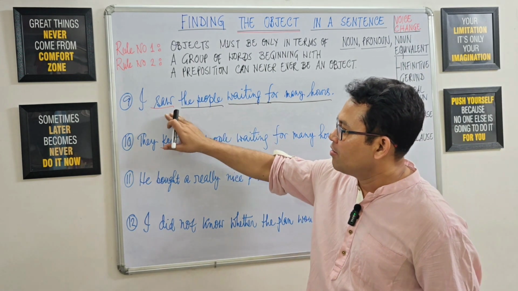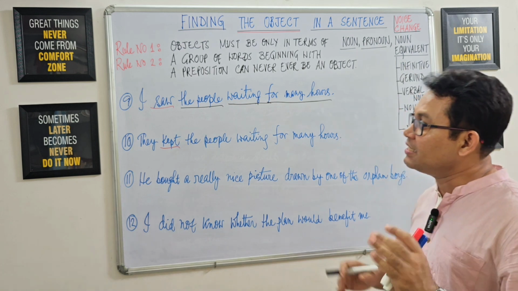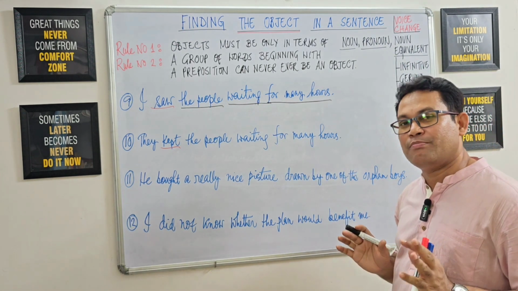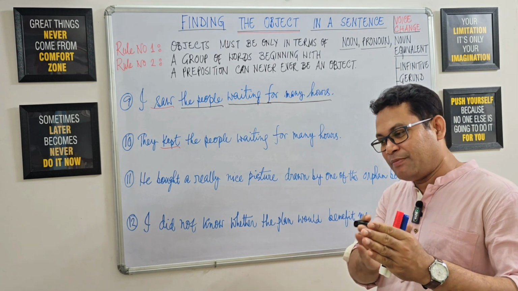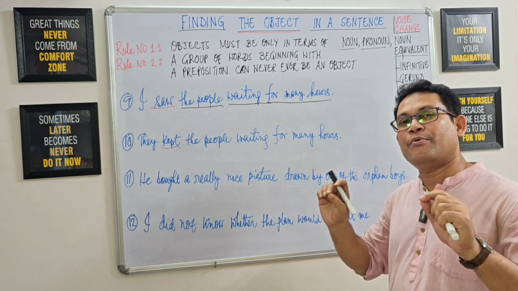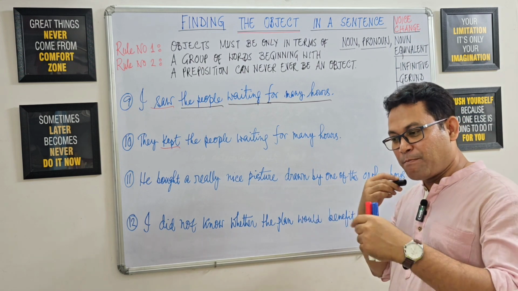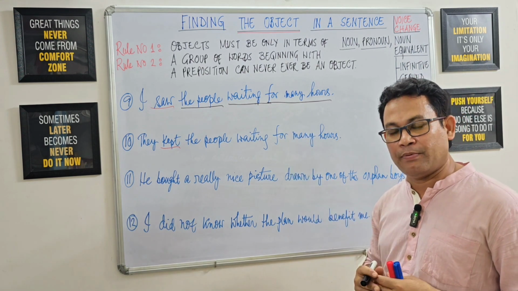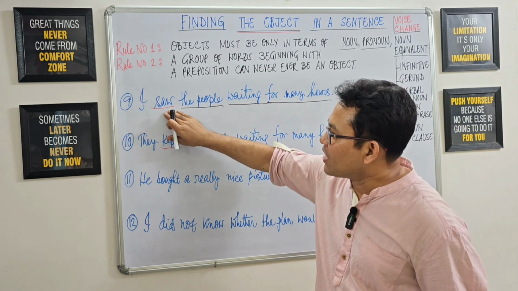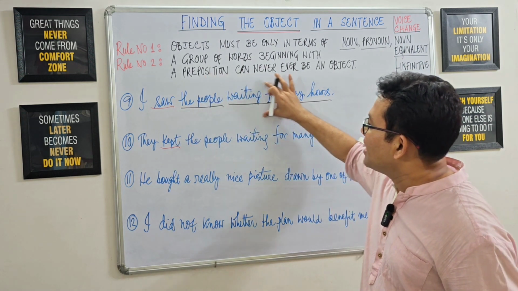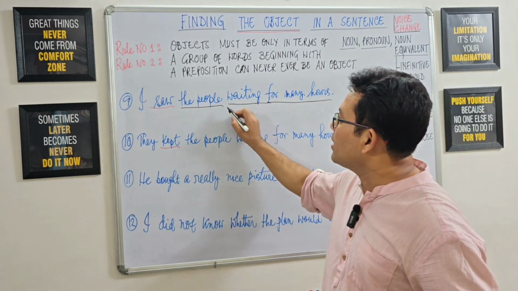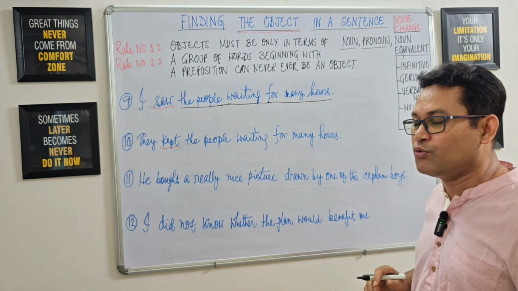Let us consider the action of the verb, that is see or saw here. Now I saw the people waiting for many hours means the people had been waiting for many hours and I saw them at some point in time. That means my seeing those people didn't change their condition. The action here changed nothing about the people's condition. As a result, we have to join these two phrases into one.